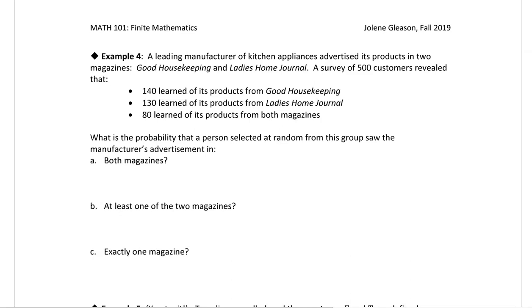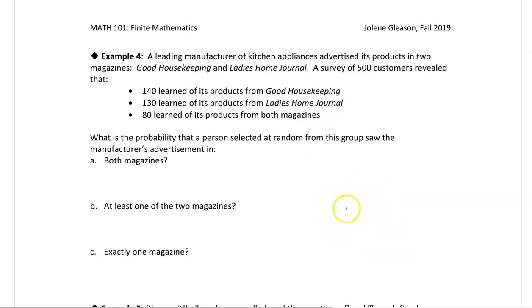In this problem, we have a manufacturer of kitchen appliances advertising in Good Housekeeping and Ladies' Home Journal. They surveyed 500 customers to find out where they learned of their products. Some learned from Good Housekeeping, some from Ladies' Home Journal, and some from both magazines.